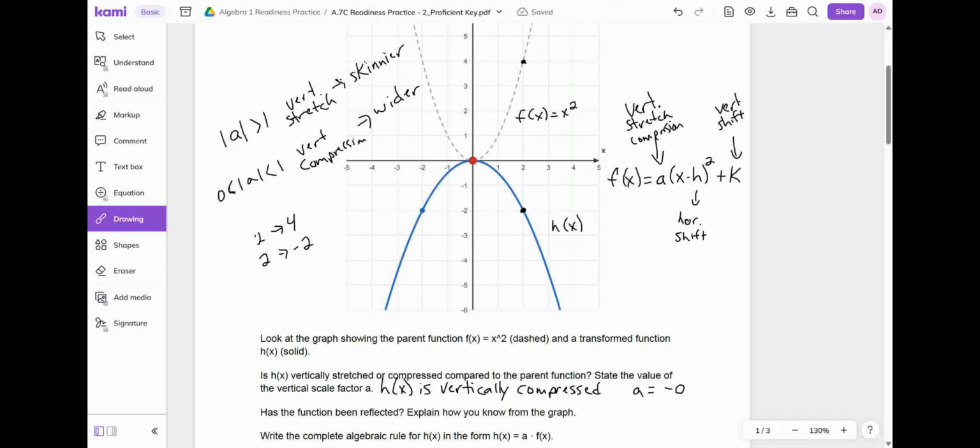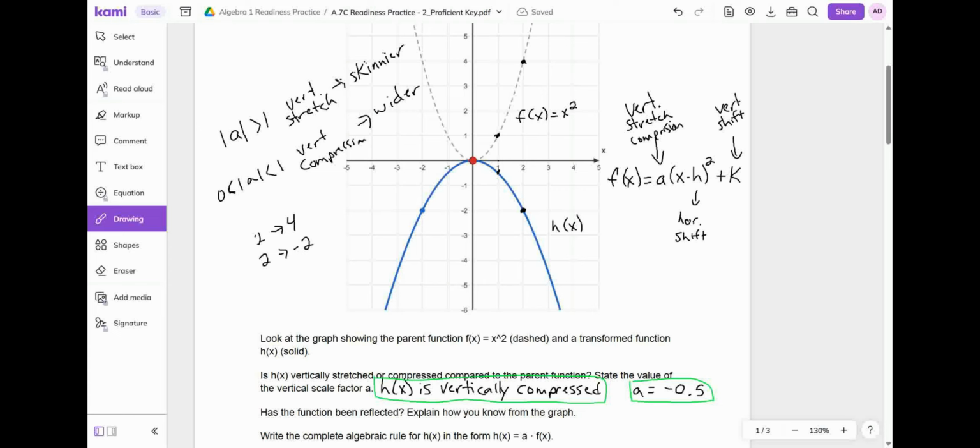And we'll probably always use a decimal here, 0.5. Look, if you take your x and you multiply it by that negative 0.5, you're going to get that y of negative 0.5. It goes from 1 to negative 0.5. So there's that vertical compression, and you just have to evaluate what happens at certain x values between the f of x and the h of x to figure out what's my scale factor.